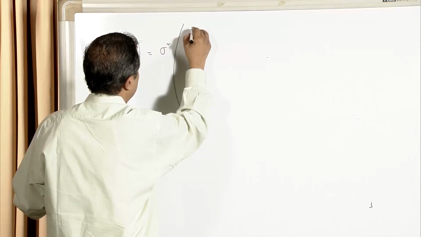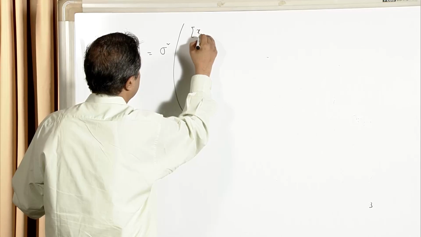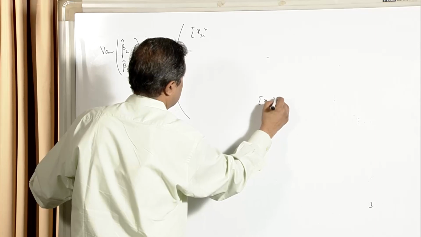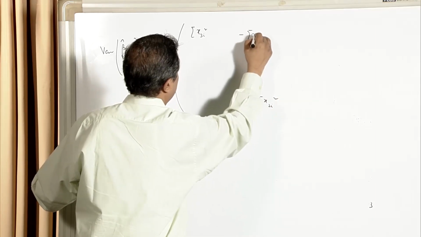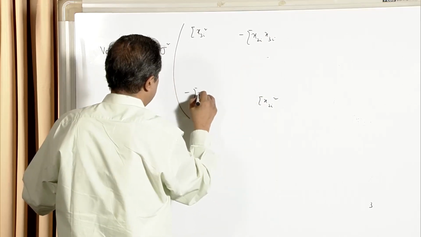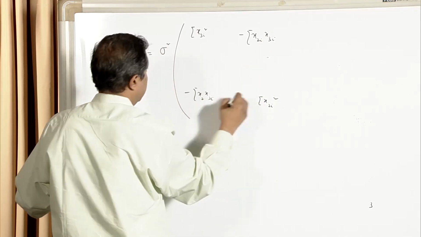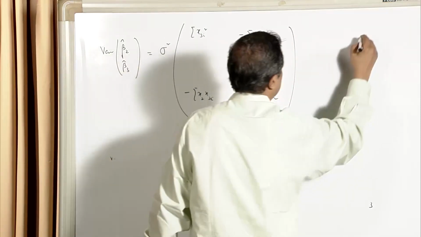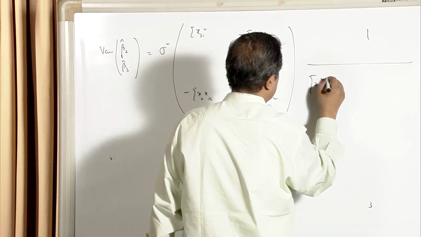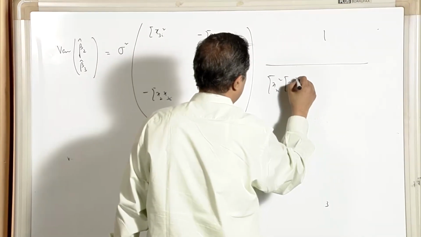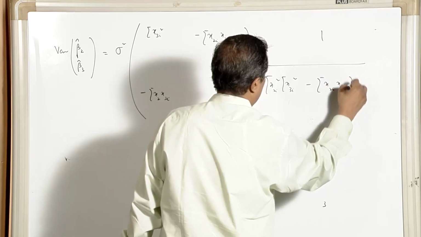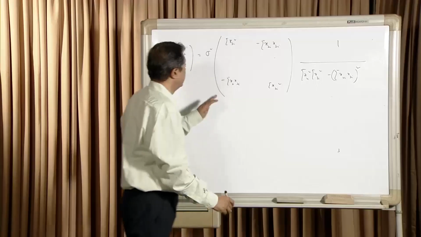So, that is summation x3i square, summation x2i square, minus summation x2i x3i, minus summation x2i x3i, this whole thing divided by delta, which is summation x2i square summation x3i square minus summation x2i x3i whole square. That is the final form.